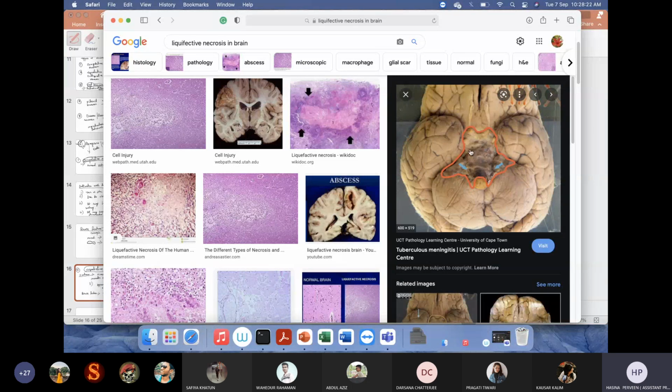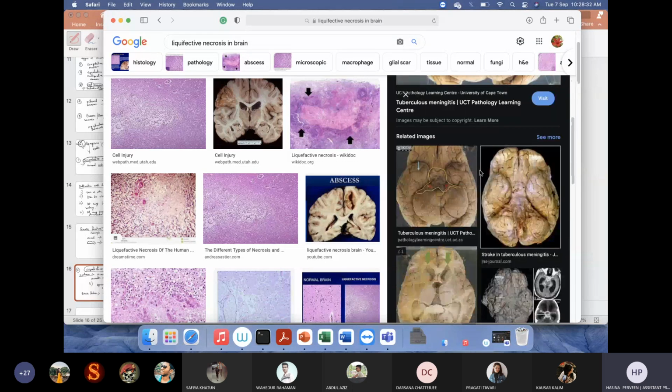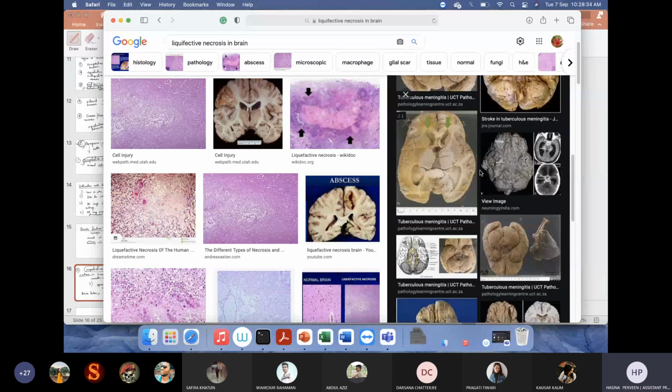This is a normal cell. Compare here, the normal is brown in color, but this condition is dark in color or sometimes green, greenish color.